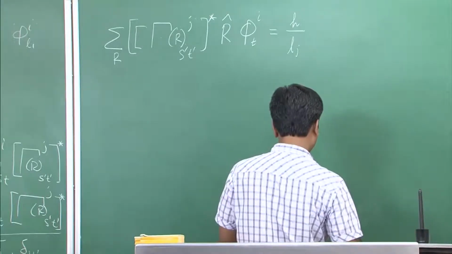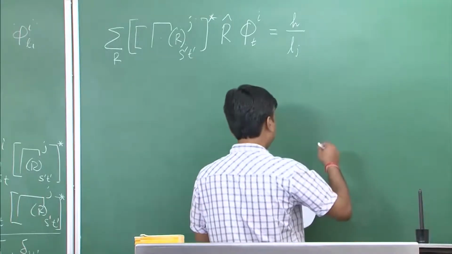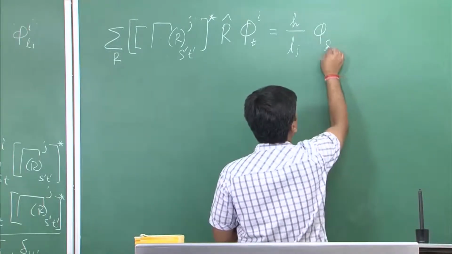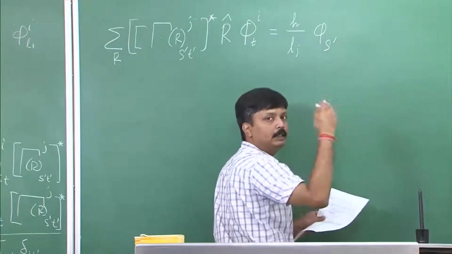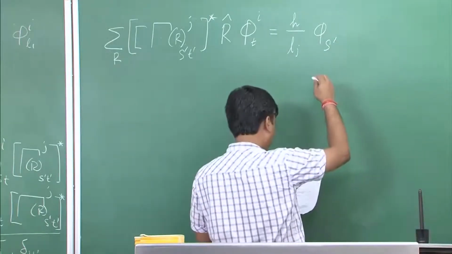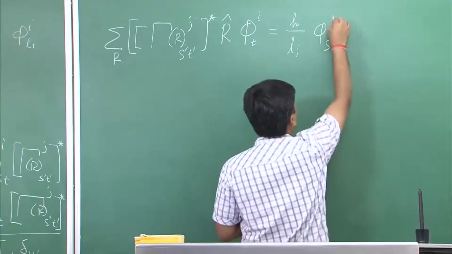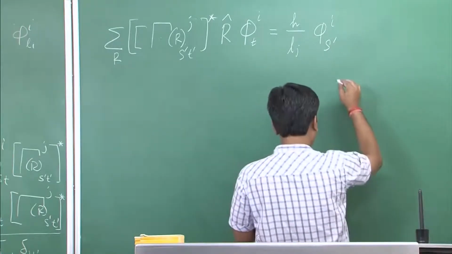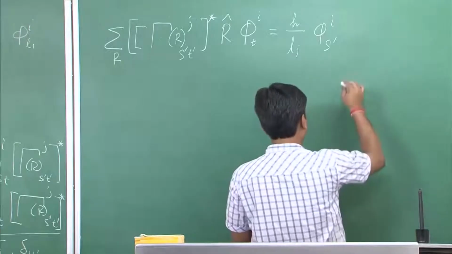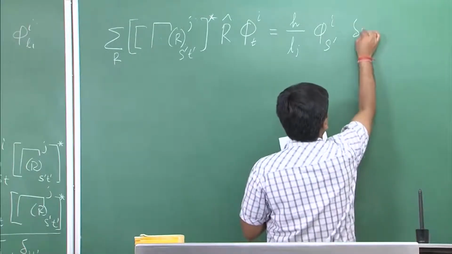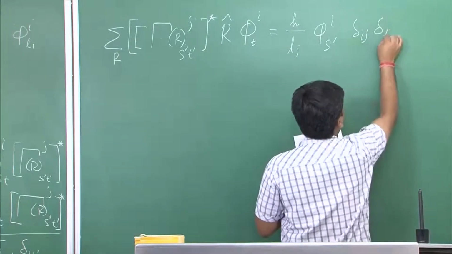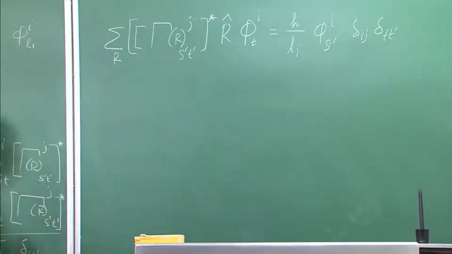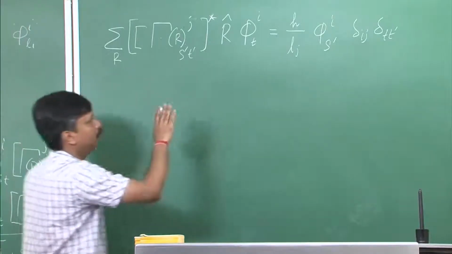Now s prime, because for s equals s prime, this will survive, for the ith reducible representation, and if I still keep the deltas to keep the generality, I will have this part.